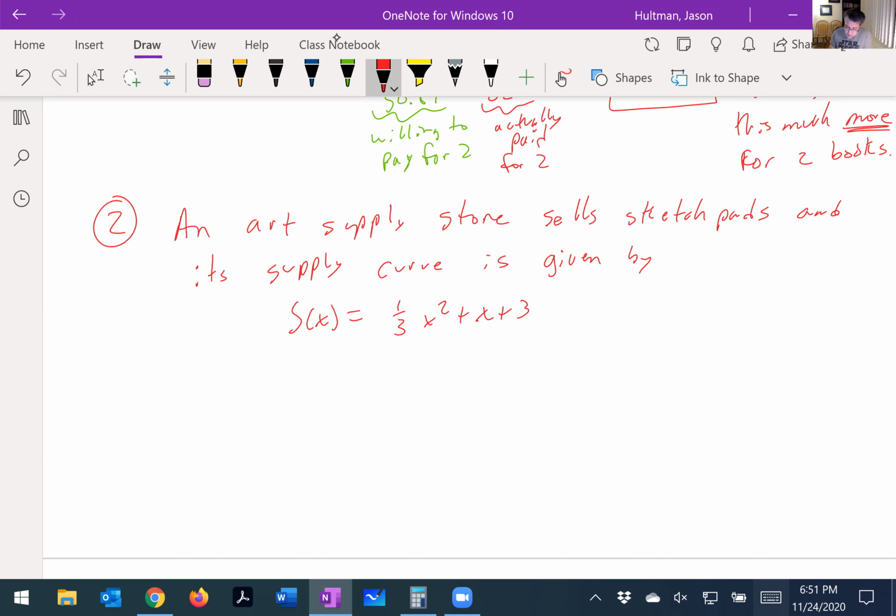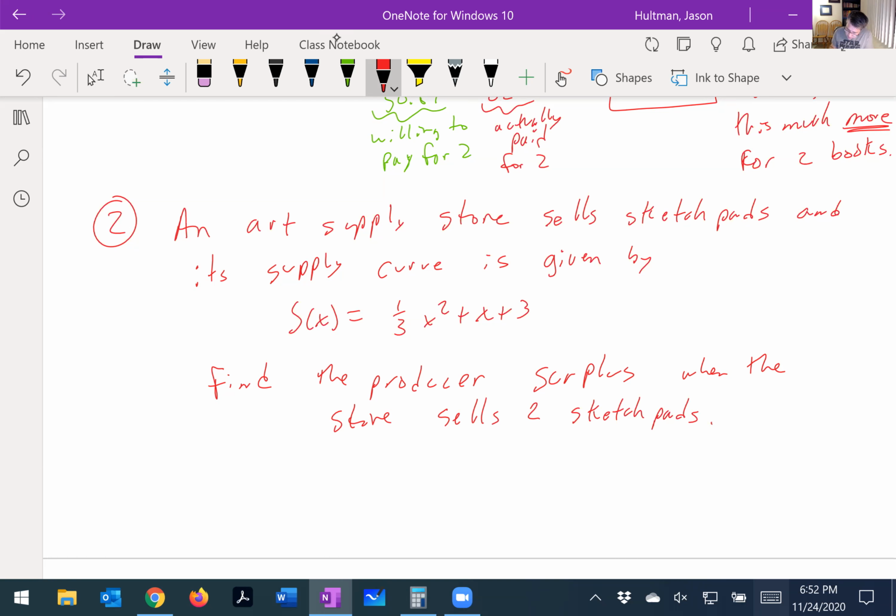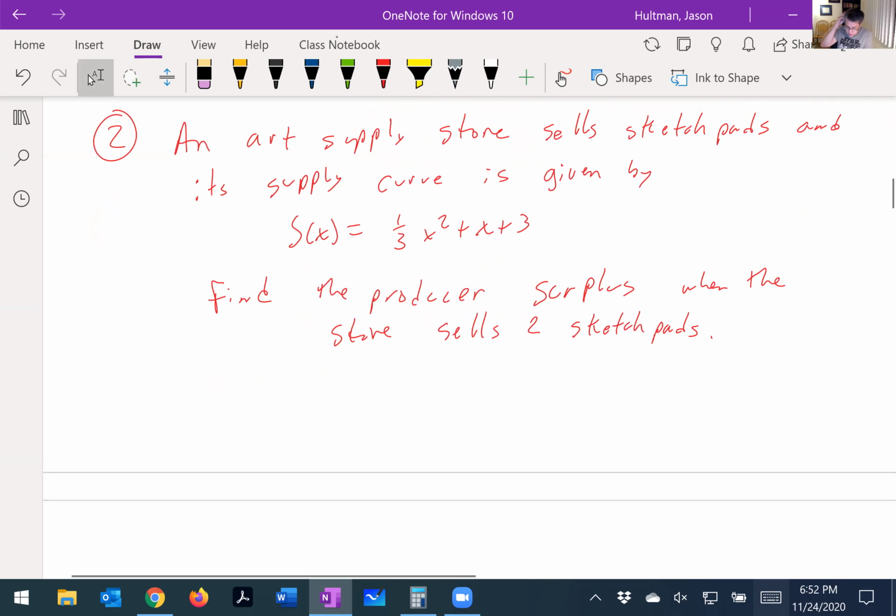Find the producer surplus when the store sells 2 sketch pads.